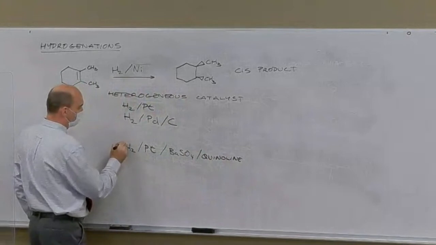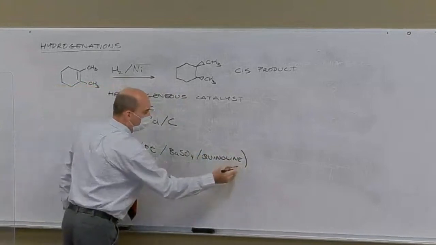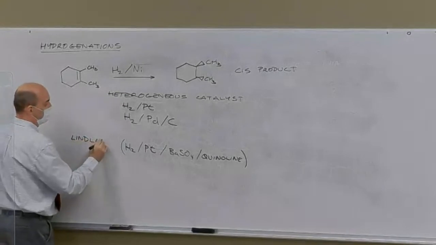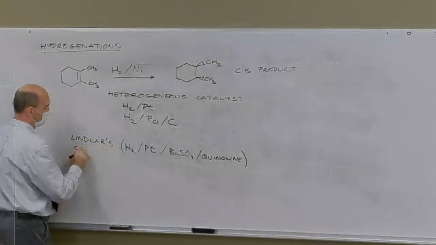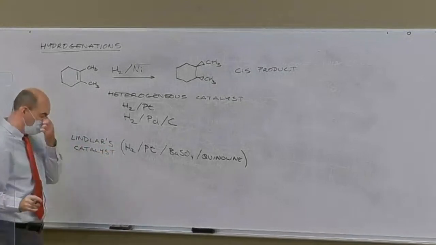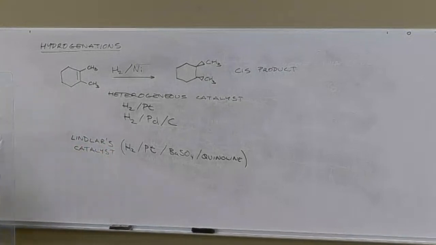And all of this goes under the name Lindlar's catalyst. I don't need you to remember everything that's in Lindlar's catalyst. I do need you to remember what it does, how it's different. And if you just write Lindlar over the equation, that's good enough.